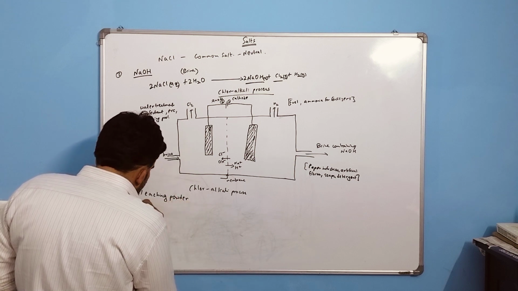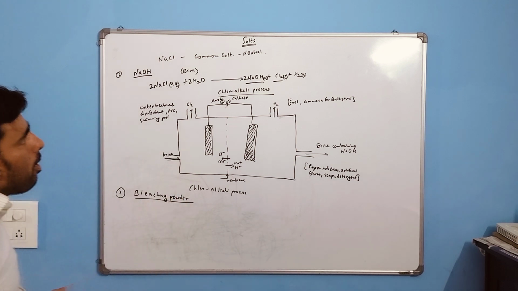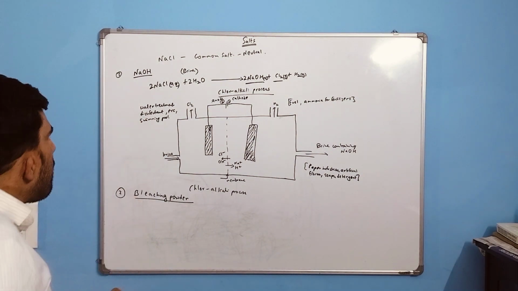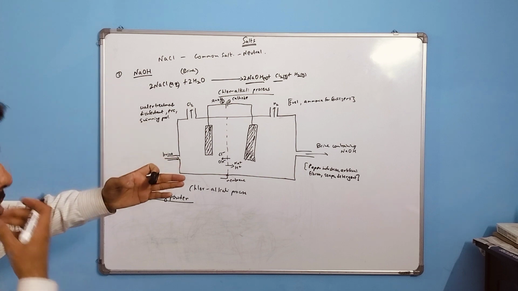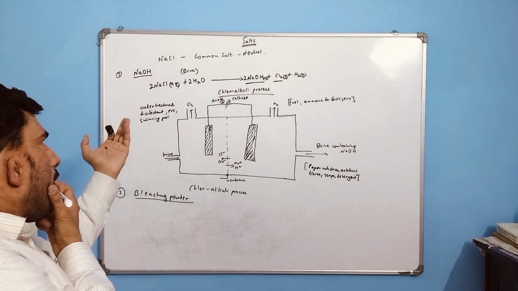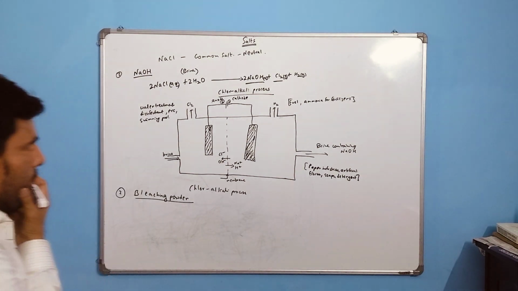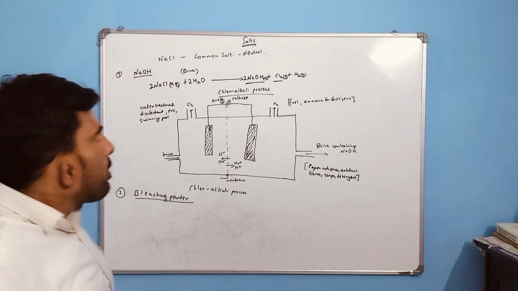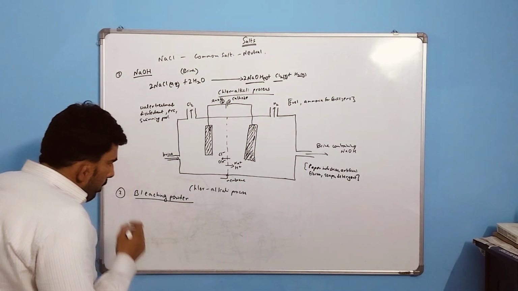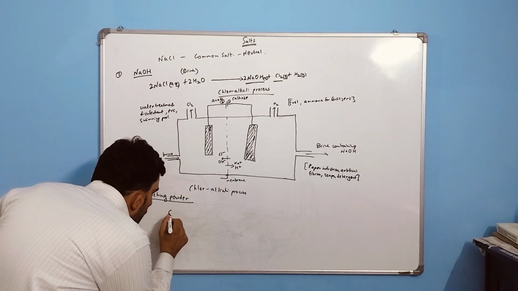How is it formed? We all know Cl2 gas is produced when electrolysis is done of NaCl. It decomposes to give NaOH plus chlorine. Here chlorine gas is used in the action of dry slaked lime.